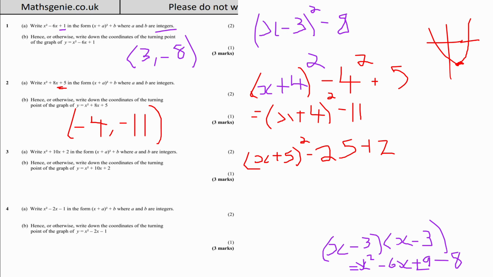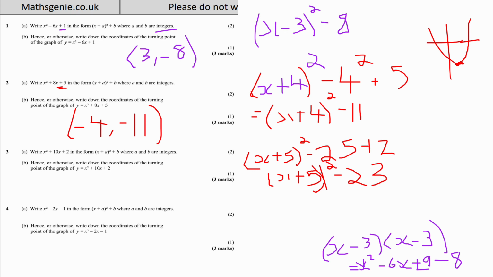When I simplify this, I get x plus 5 all squared minus 23.